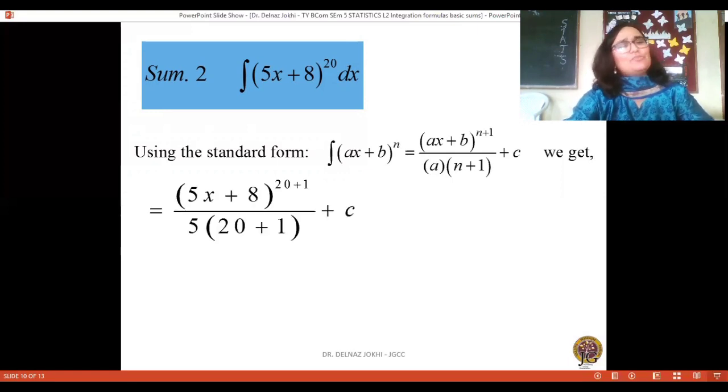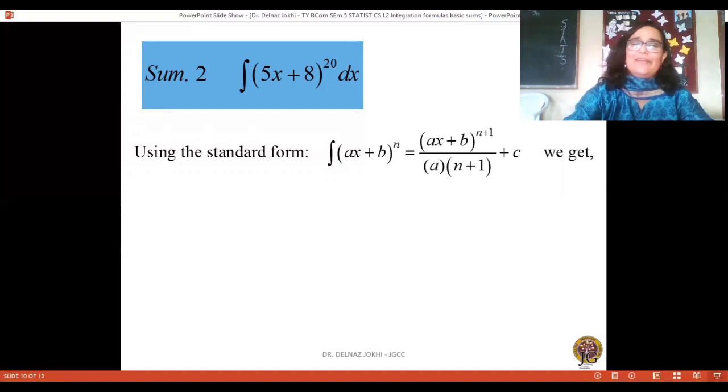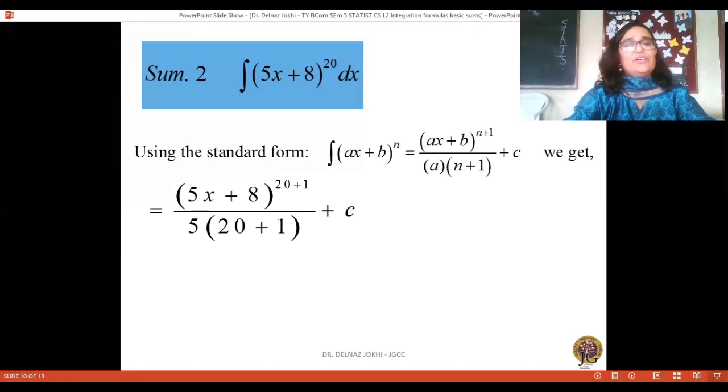All right. I'm sure this is what you have done. Please look at the animation and the answer calculation flashing on your screen. Yes, it is (5x plus 8) raised to power n plus 1, 20 plus 1, upon 5. Where did 5 come from? The coefficient of x. Very good. Upon n plus 1 plus c.